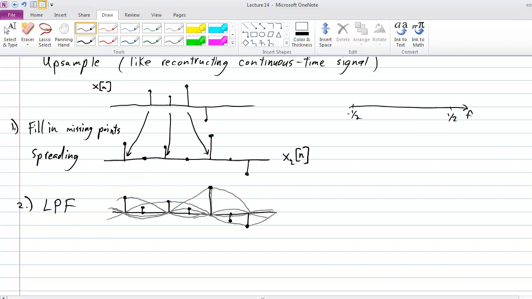It's actually a great exercise to plug this x_k[n] into the discrete time Fourier transform and verify what I'm about to show you: if we started with a spectrum like this, that was X(f), and this is X_2(f), upsampled by a factor of 2, it actually looks like this.